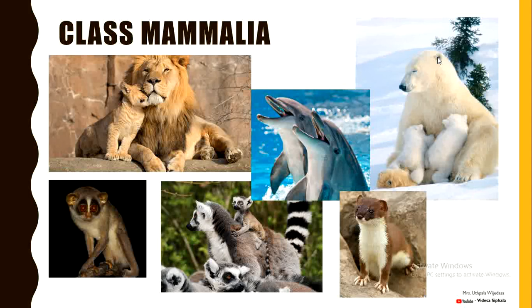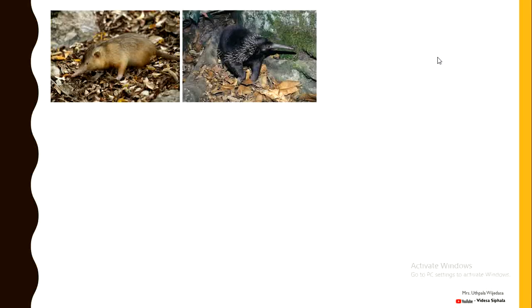They respirate by using lungs, and like birds, these are also warm-blooded animals. For example, if we take the human being, the normal body temperature is about 37 degrees Celsius or 98.4 degrees Fahrenheit. So we have a particular range of body temperature which will not vary according to the changing environmental temperature.